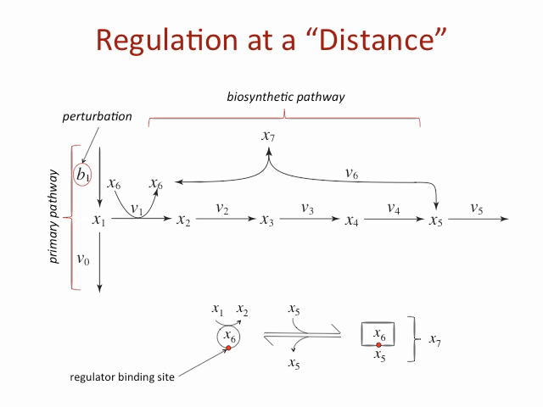And if X5 is bound to the regulatory site on X6, you have an association of X5 and X6 that I'm going to call X7. And this is an inactive form of the enzyme, and that is indicated by this square. So the circle and the square here are used to denote the active and inactive form of the enzyme.